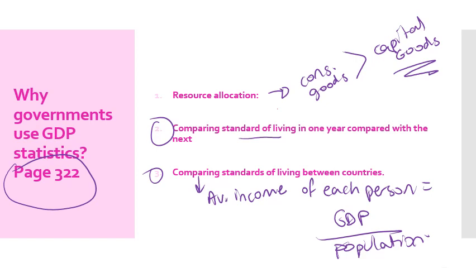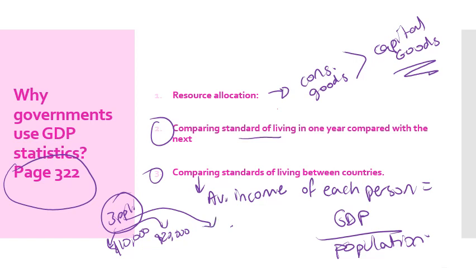For instance, let's say I'm talking about a very small and simple economy that consists of three people. The first person's income is $10,000 per year, the second person's is $20,000 per year, and the third person's is $30,000 per year.